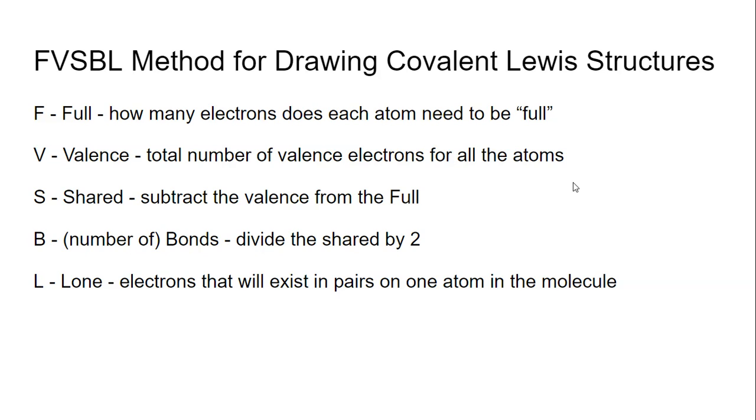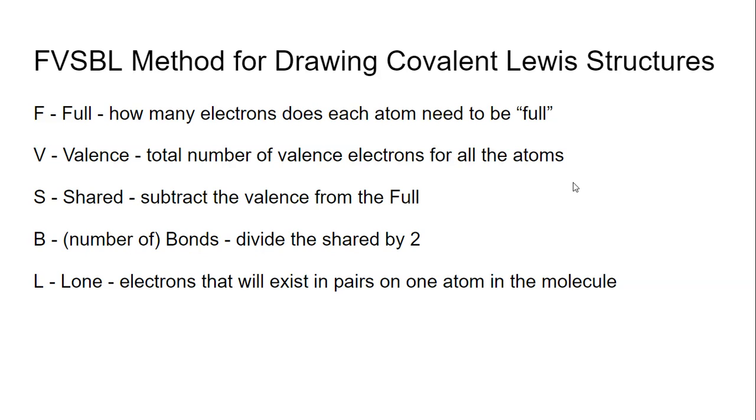So if we look at a given Lewis structure for a covalent compound, and we count up, number one, how many electrons does each atom in the compound need to be full? And then we add up how many total valence electrons do all the atoms have. If we subtract those two numbers, that tells me how many the atoms are going to share between them so that everyone can achieve octet. And if we divide that number by 2, we get the number of bonds that they're going to have.